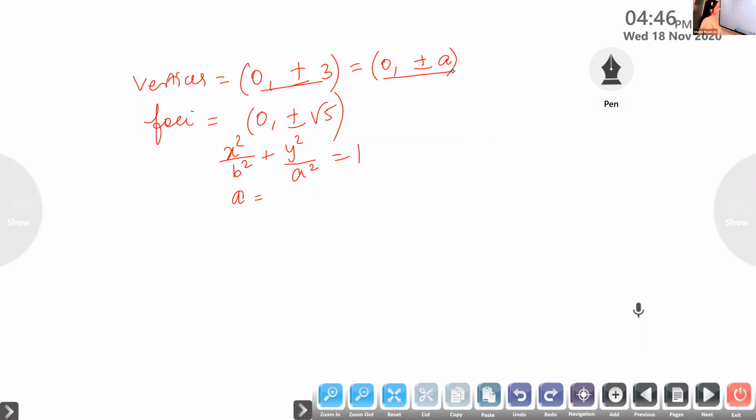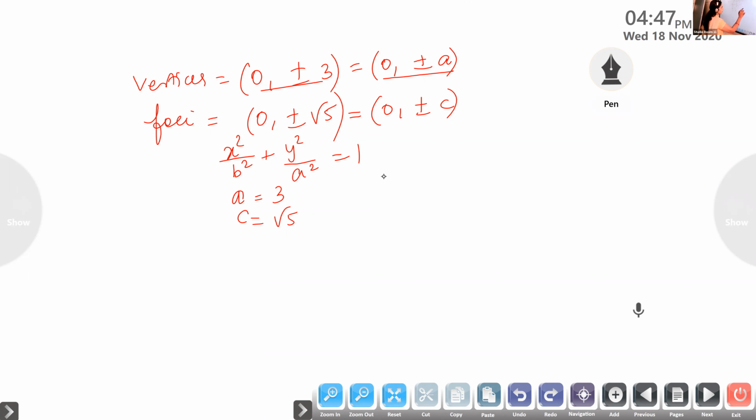So value of a is, can you give the correct value now, Anuj? Ma'am, 3. And here focus means it is (0, plus or minus c). So c is root 5. Isn't it? So from here find out what is b.